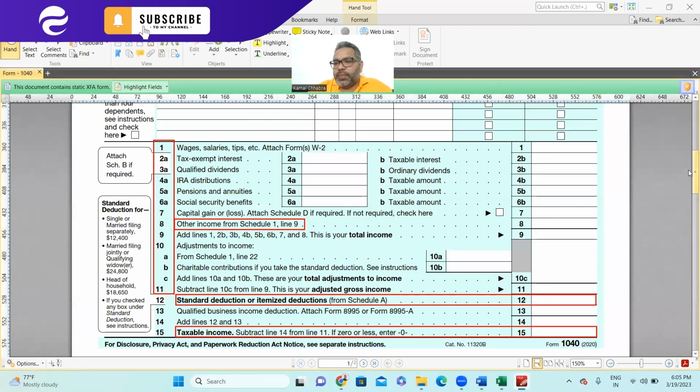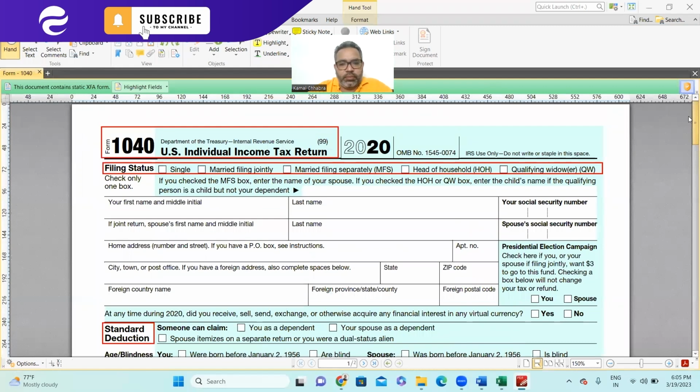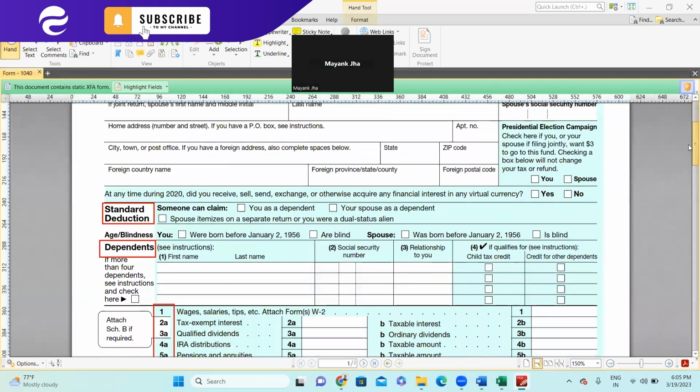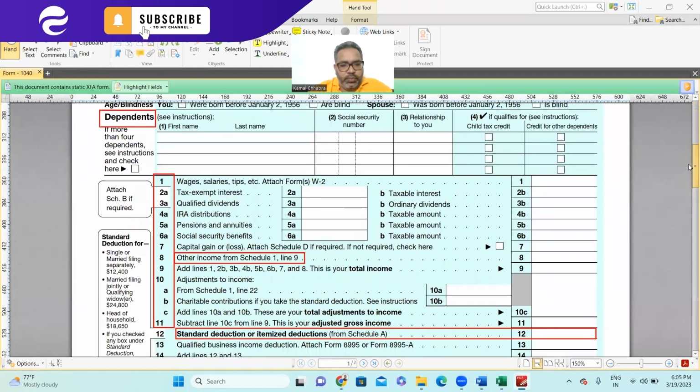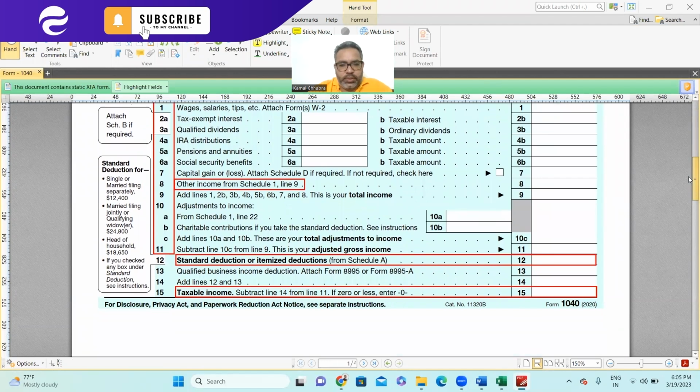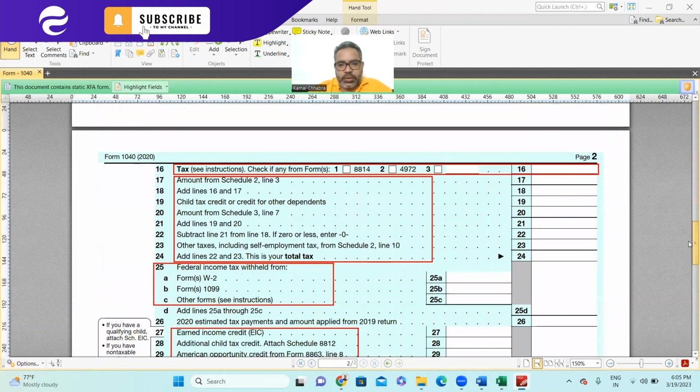So do you remember this Form 1040? So here, where do you see tax credits?